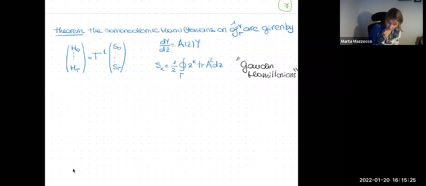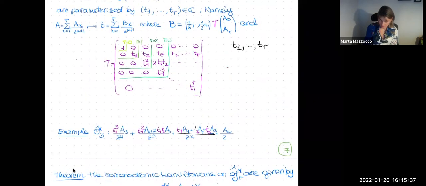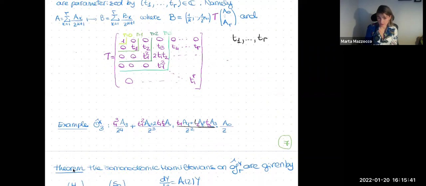But then you construct the non-autonomous Hamiltonians by a simple operation which involves inverting the same matrix that I found before. So this matrix is key to the process.